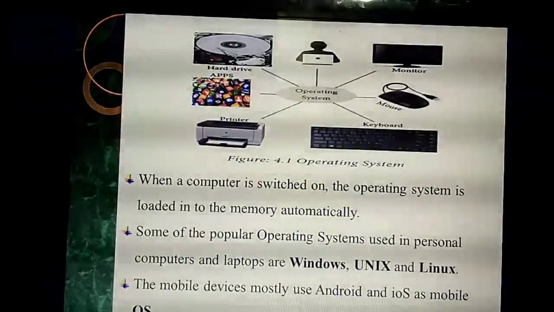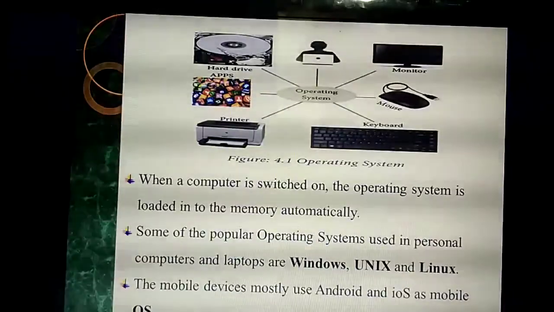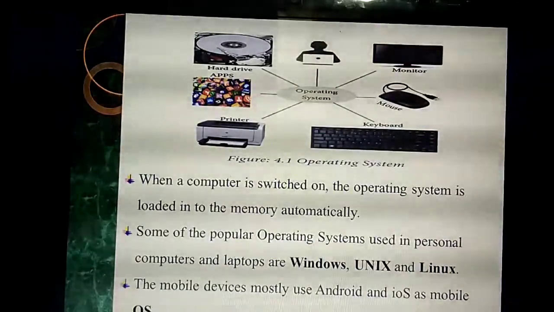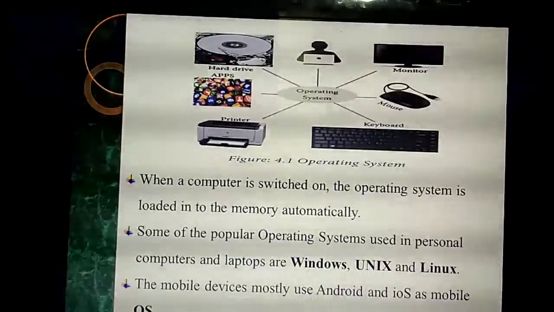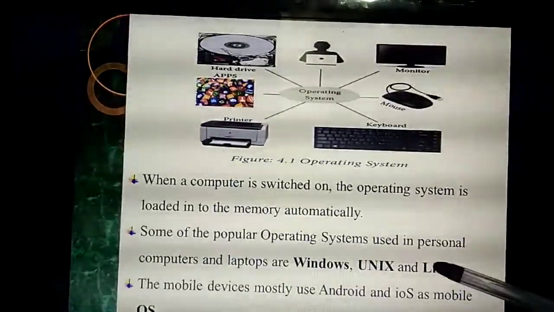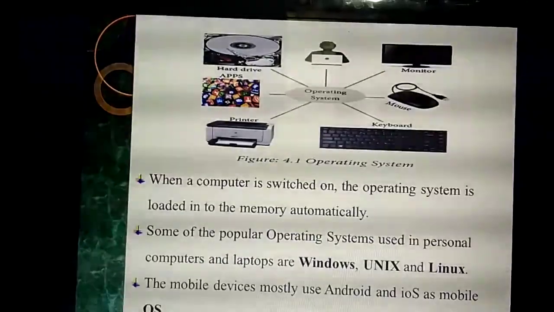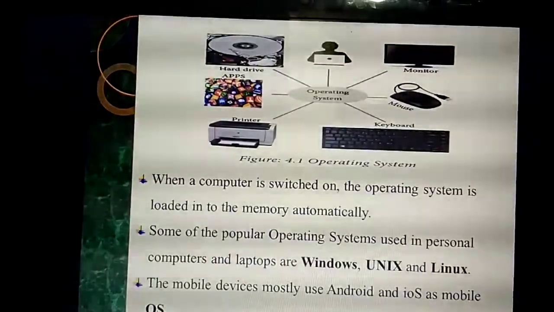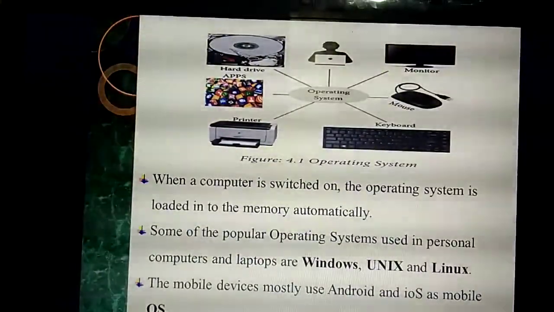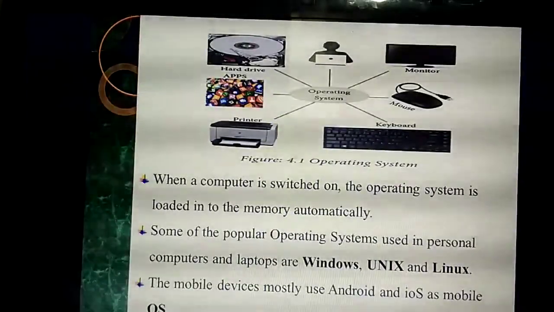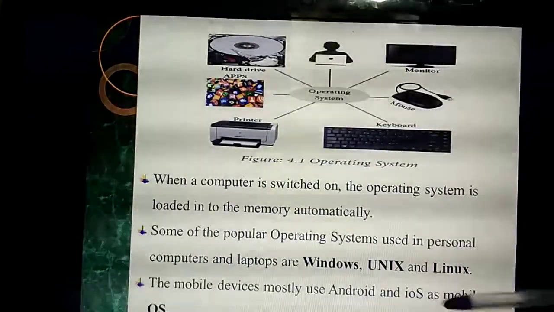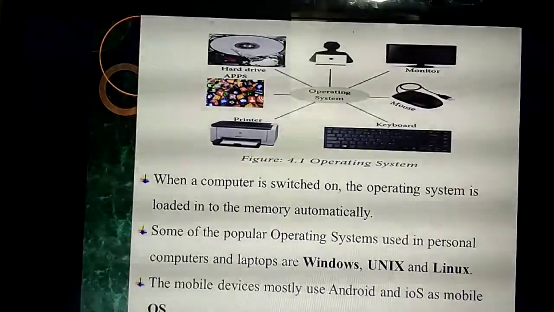A lot of Windows versions are there: Windows XP, Windows 7, Windows 8, Windows 10, etc. Then Unix and Linux. Likewise, mobiles also have operating systems. For mobile there is a separate operating system. What are they? Android and iOS. That we call mobile OS, mobile operating system.